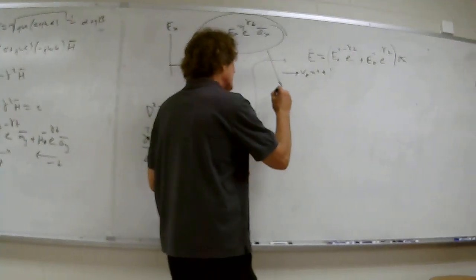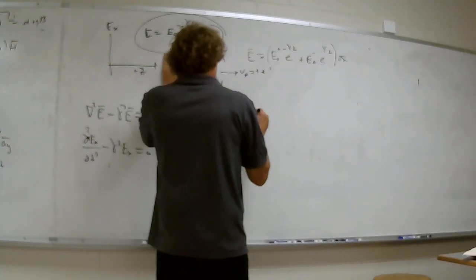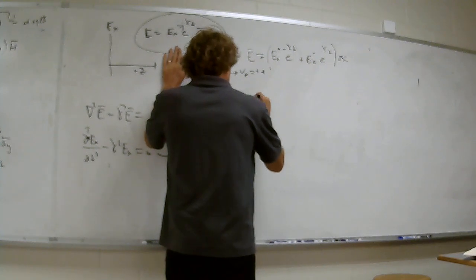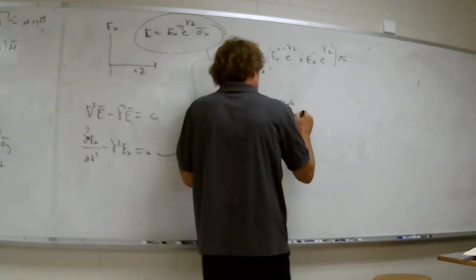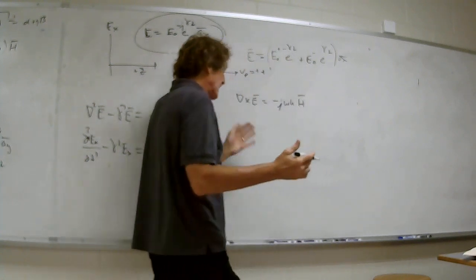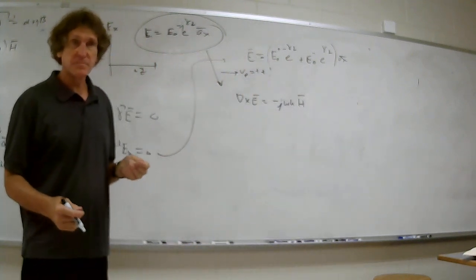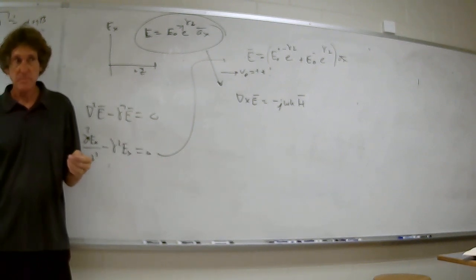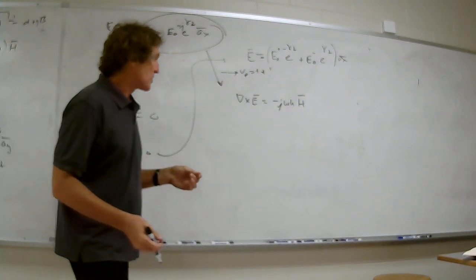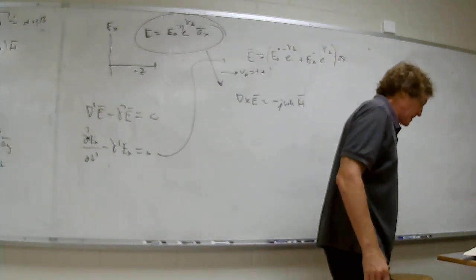When we come down here, I know the curl of E here is equal to minus j omega mu times H, based on Maxwell's equations. Does everybody agree with that? I'm just stating the obvious, right? So what is the curl of E?